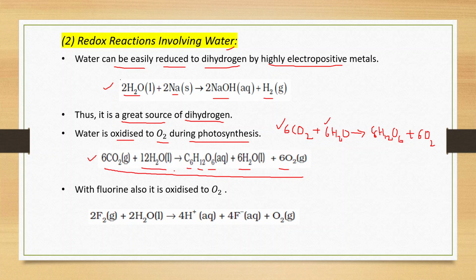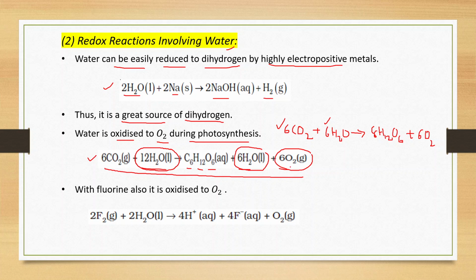Just see carefully. In this case, on the reactant side, we have taken 12 water molecules. On the product side, again 6 water molecules are formed. What is the reason behind this? Actually, when the mechanism of photosynthesis was found out, it was explained that these oxygen molecules are coming from the water, not from carbon dioxide.